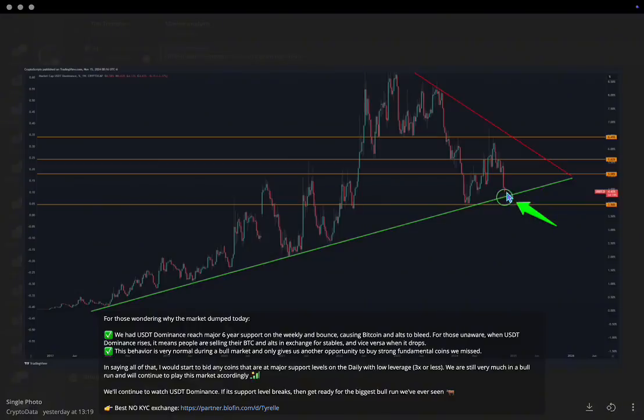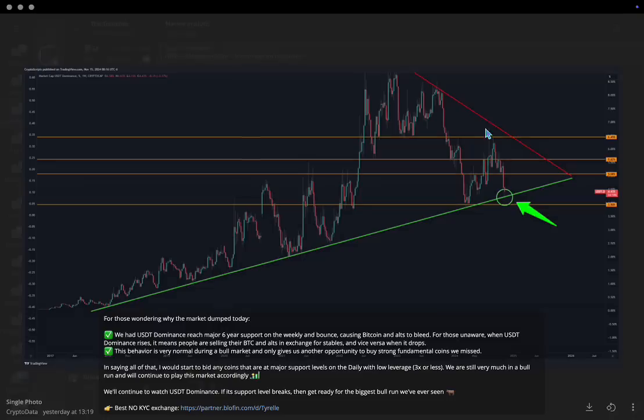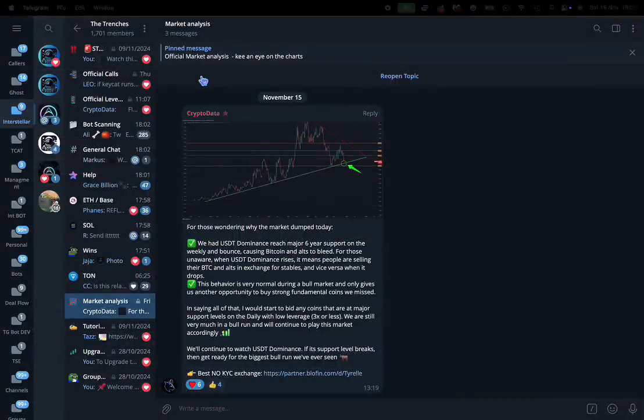I have been longing memes all the way down. I longed Brett, Shib, WIF, Pepe, obviously Dogecoin, right? You guys saw I made almost $1 million already on Dogecoin simply by following this chart. So everything that we've been doing revolves around this one chart, and if we close below, it's going to go absolutely crazy.